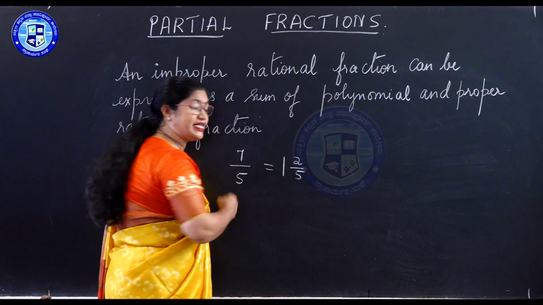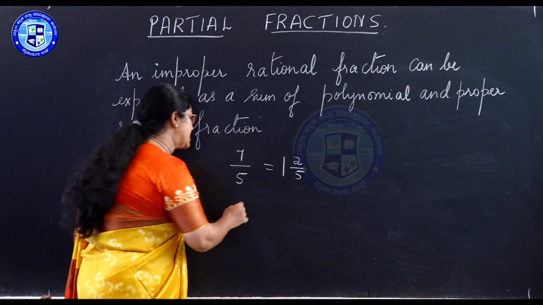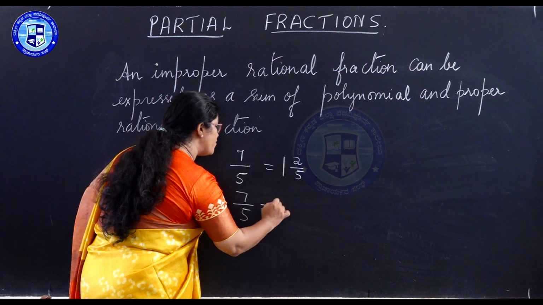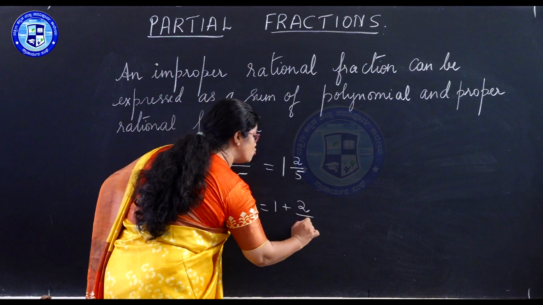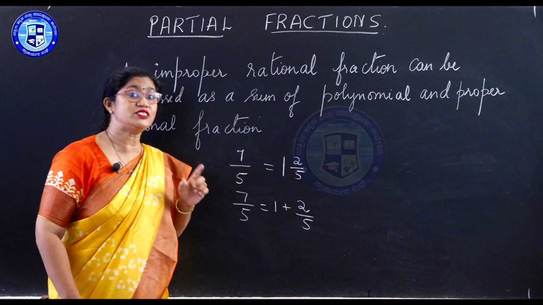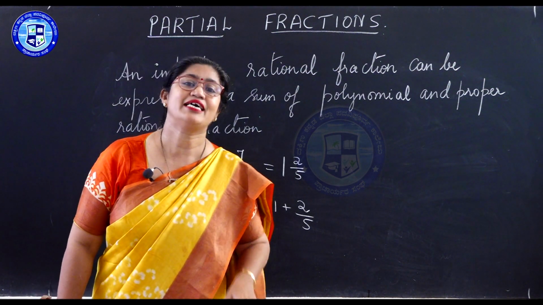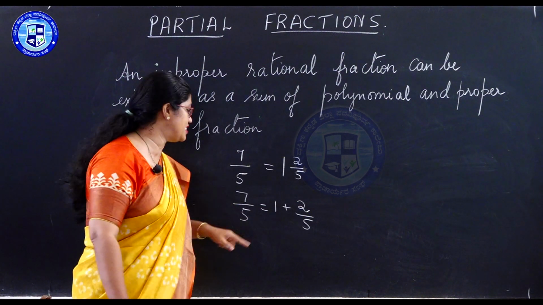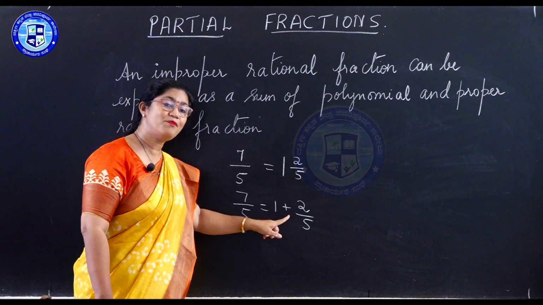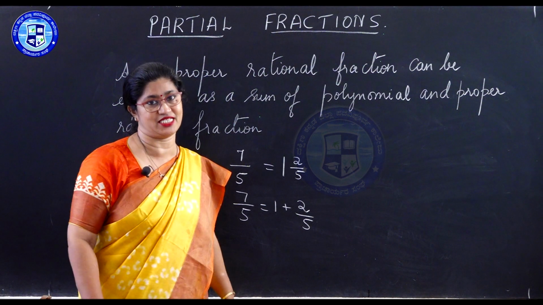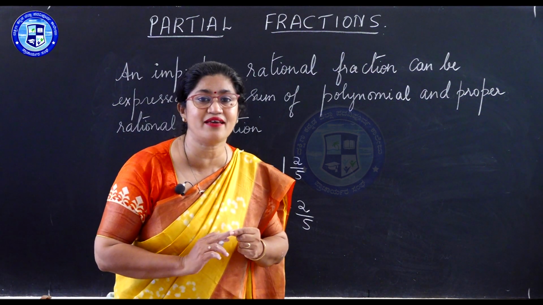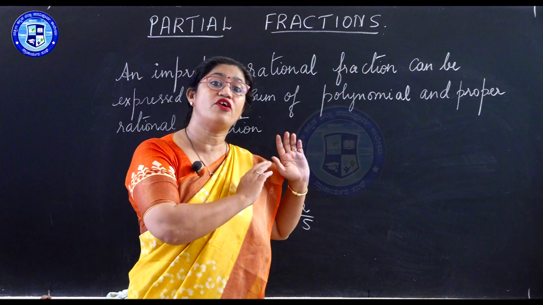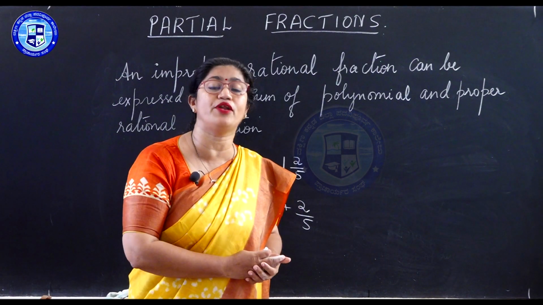You are used to writing it like this. That means I can write 7 by 5 as 1 plus 2 by 5. That means you know in numbers that an improper fraction can always be written as a whole number plus a proper fraction.